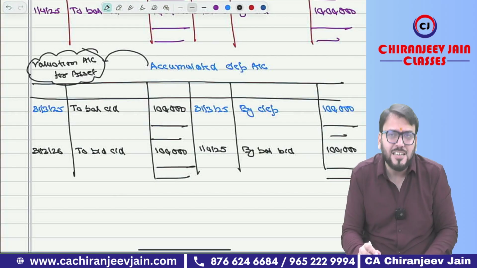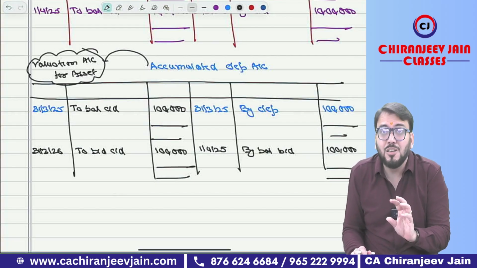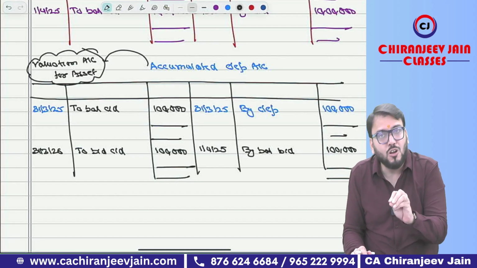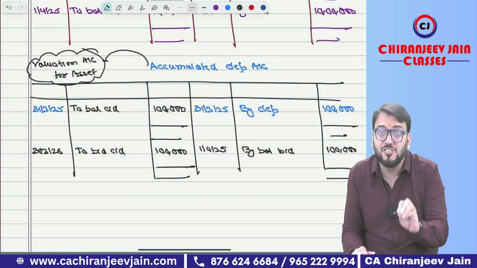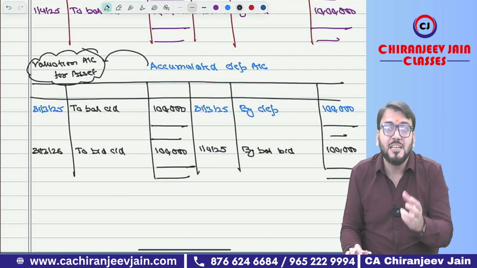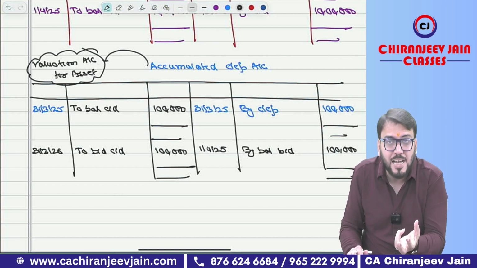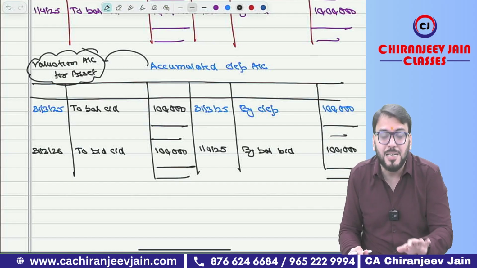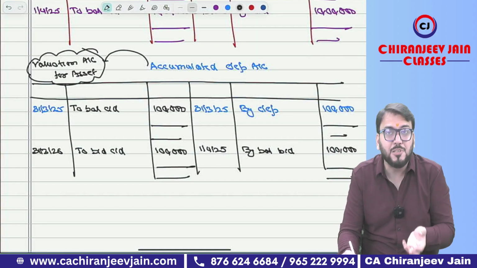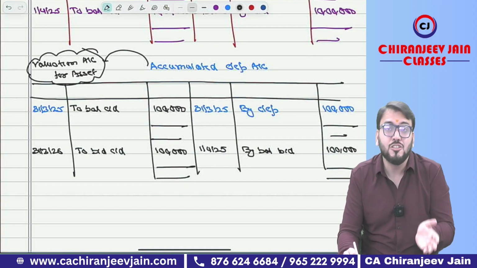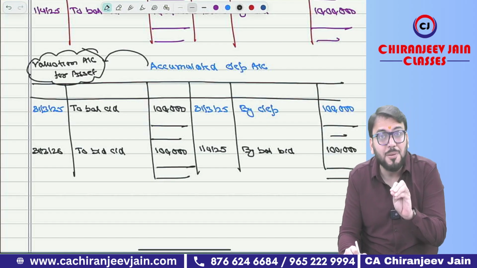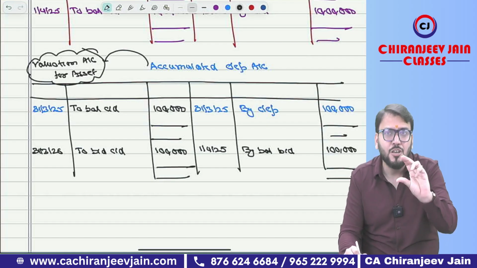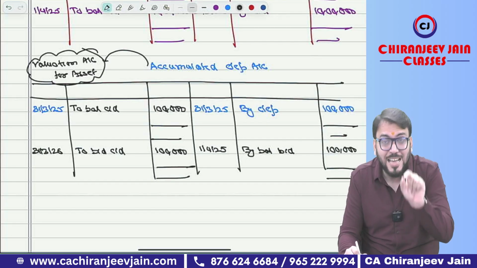We will not call it liability, because liability means obligation to pay. It is not a liability. It is shown by way of deduction from asset. It is just a valuation account for the asset, and the rules will be reversed. Increase will be credited and decrease will be debited. So here, whenever we add depreciation, we are increasing it. So accumulated depreciation will have a credit balance, because that is shown by way of deduction from asset account.